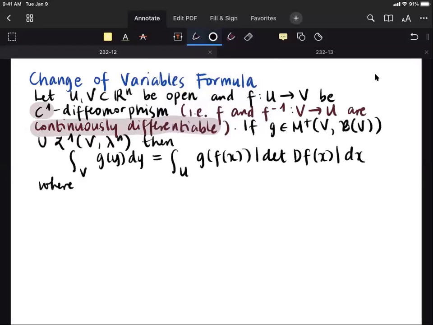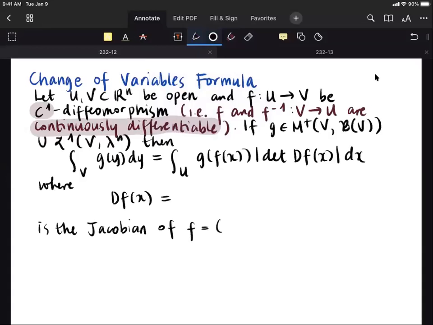So as I said, df at x here is the Jacobian or Jacobi matrix of your function f.